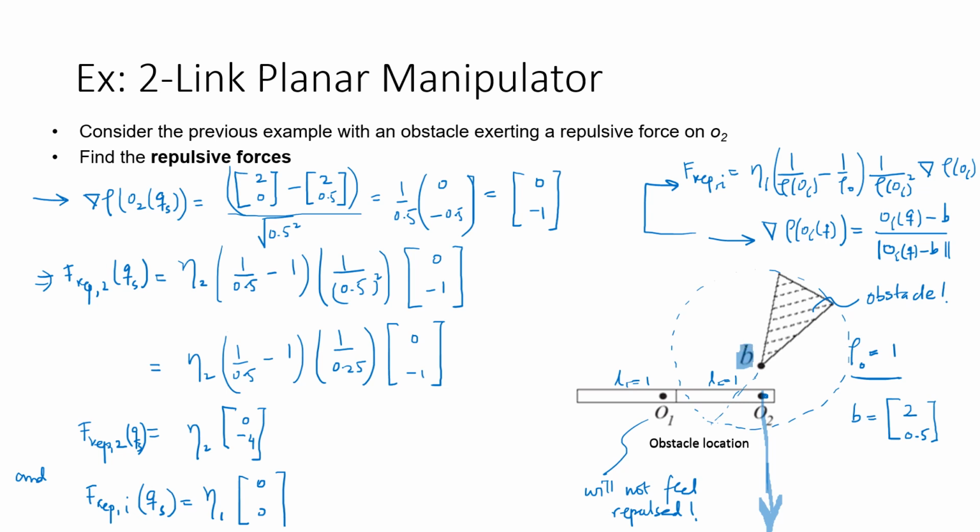Whereas for the repulsive force acting on joint number 1, in the starting configuration, this was eta 1 times 0, 0. What does that mean? It means that this O1 is not going to feel repulsed by this point B. Why so? Because it is away from the region of influence, because rho naught was considered to be equal to 1.